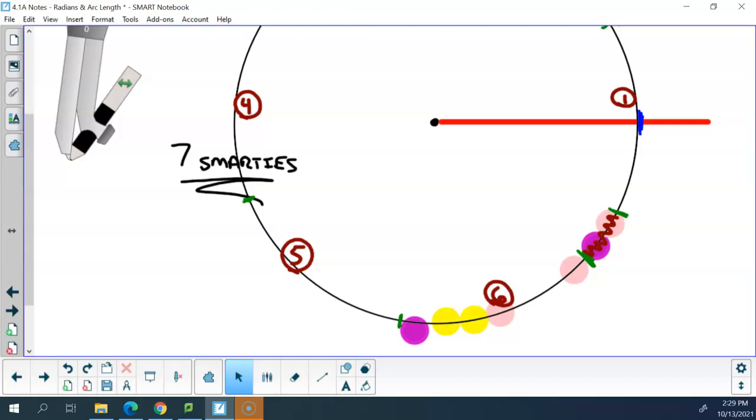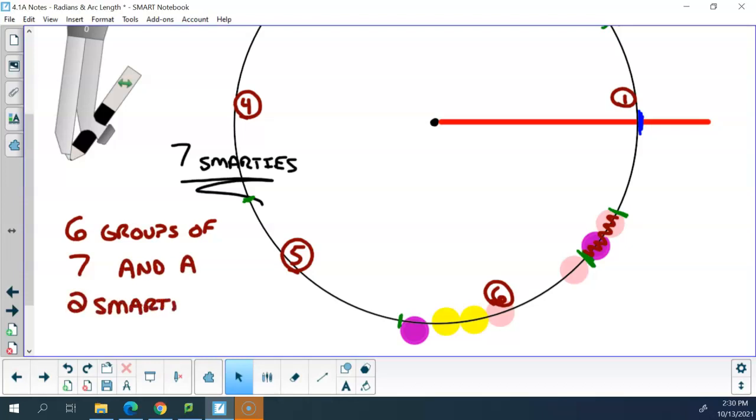2 Smarties. Okay, so what's 2 divided by 7? Anybody? So we got 6 and what did you say? 2 divided by 7 is 3.5?